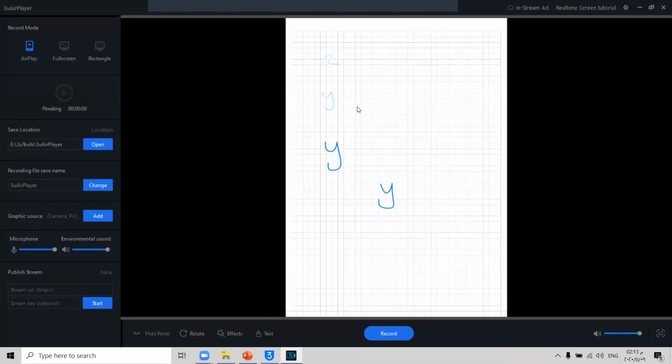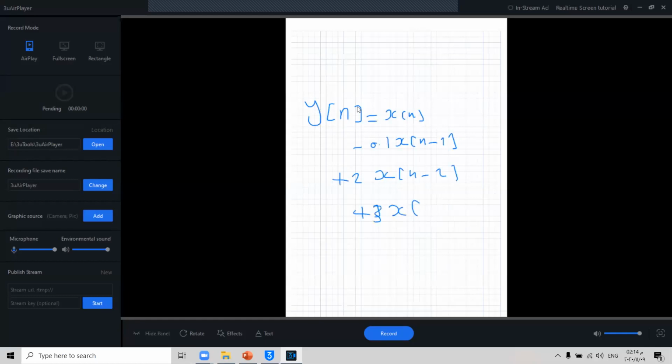Okay, for example, we have a system which is characterized by y of n equals x of n minus 0.1 x of n minus 1 plus 2 x of n minus 2 plus 3 x of n minus 4.